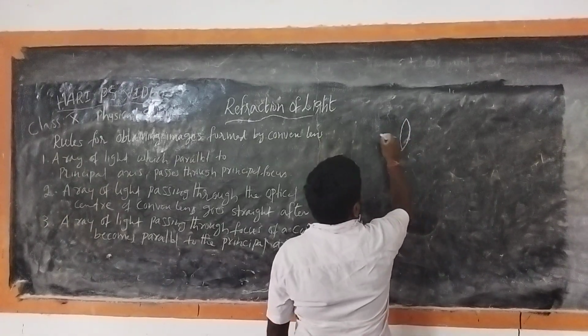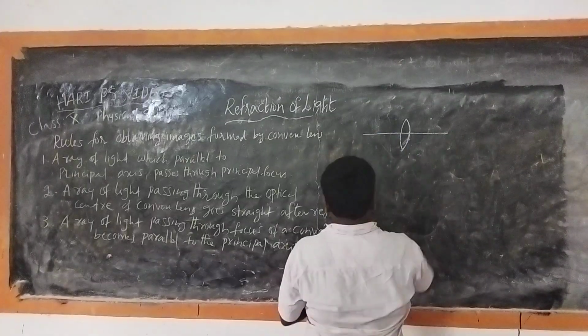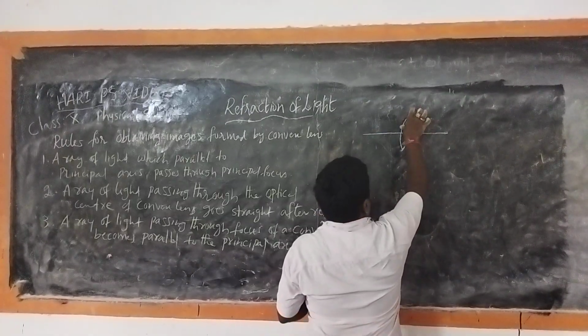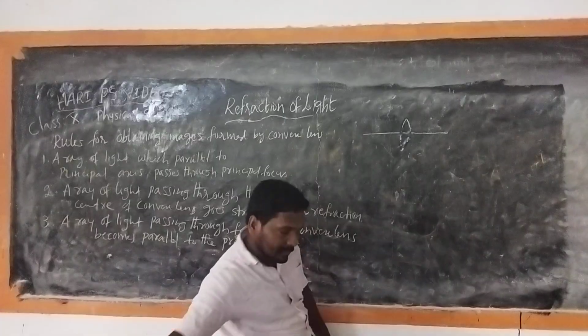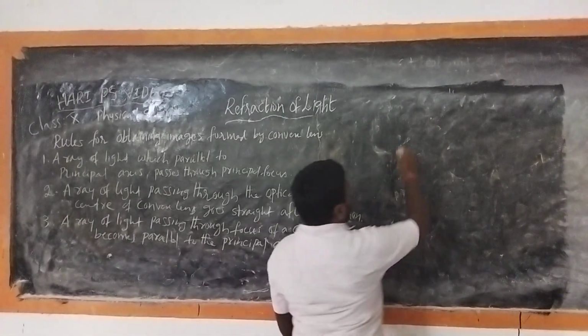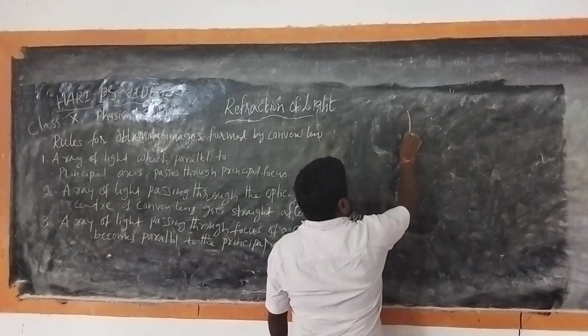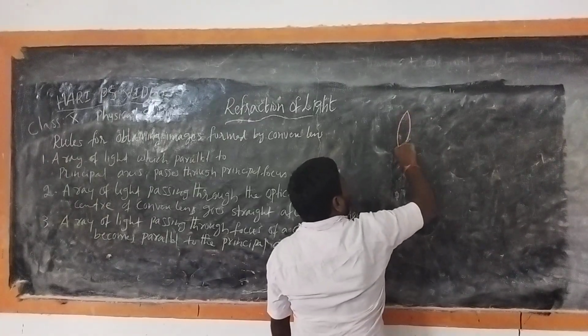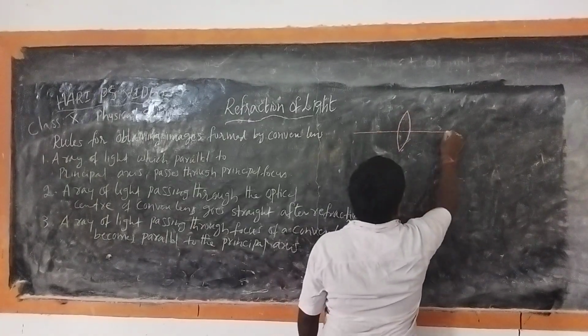A convex lens, principal axis. Concave lens, principal axis. Case 1: principal axis.